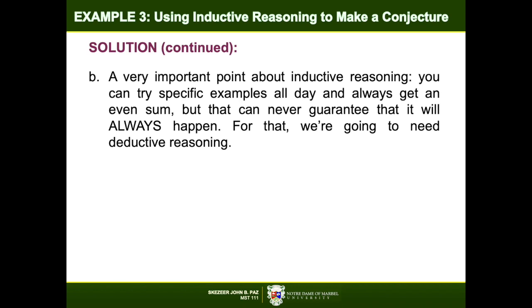Unless mapakita natin na whenever we add any two odd numbers, the answer is always even. But the thing is, there are infinitely many odd numbers. Okay? So in order for us to prove that that statement is really true, ang kakailanganin natin later on is the deductive reasoning.